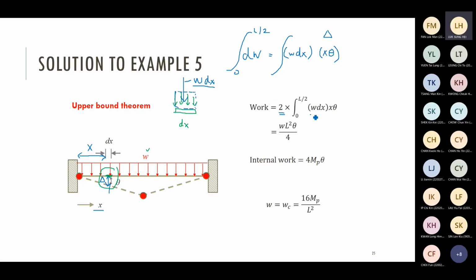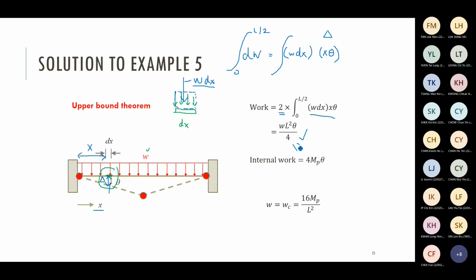It's testing your skill in doing integrations. If you trust me, then this is the answer. Okay? W L squared theta over 4. Testing your integration skills. Equate the two together, then you can find that the critical W is equal to 16 MP over L squared.